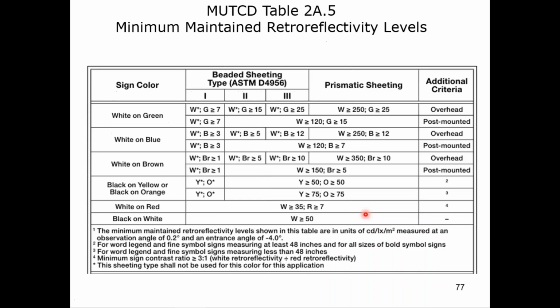And again, the way we tie it to table 2A-5 is that the calibration panels are at or above the minimum retro values.